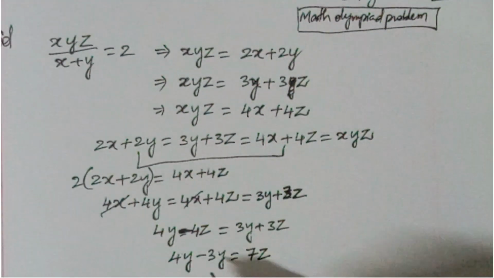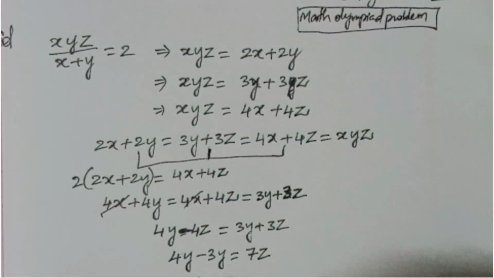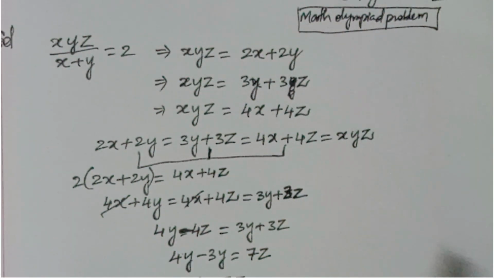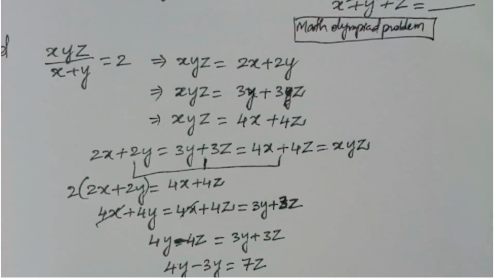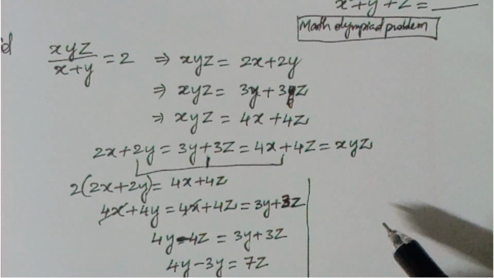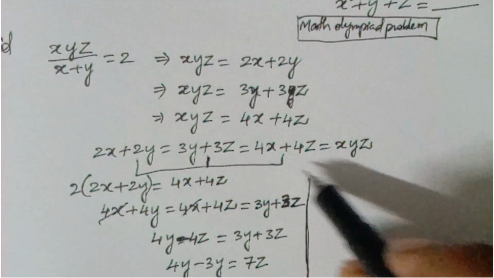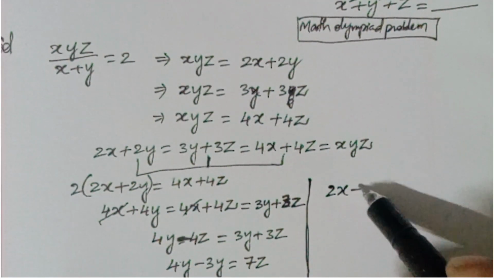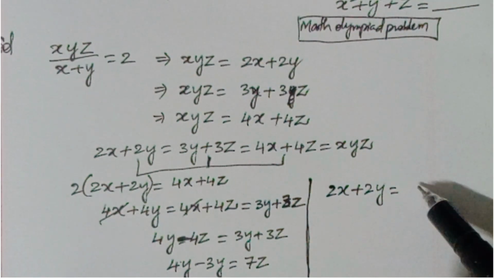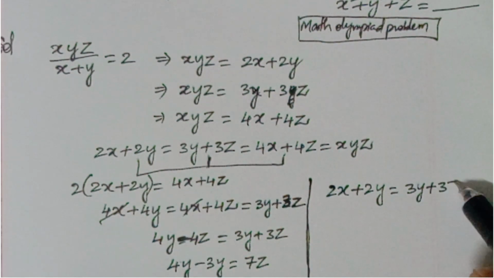So here what will we get? Y is equal to 7z. Y is equal to 7z you are getting. Now if you take 7z and substitute in the first one, 2x plus 2y is equal to 3y plus 3z.